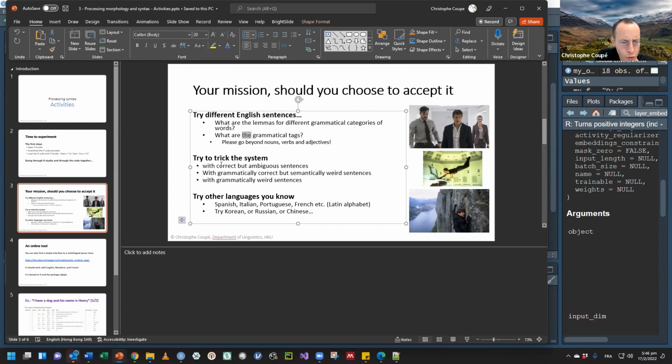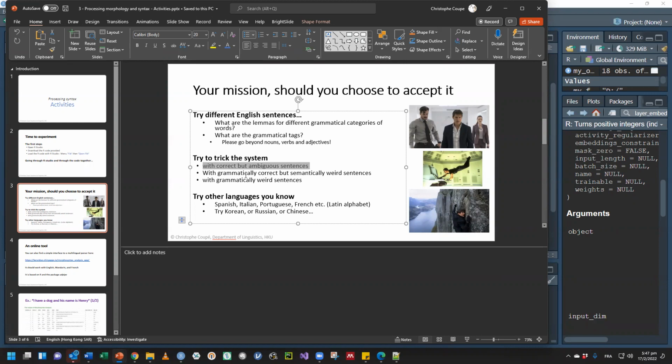Then you can also try to trick the system. You can try, he saw the man on the hill with a telescope. What is going to happen when you enter that? Or if you use the French model, what are you going to get if you enter "le boucher sale la tranche", the sentence we saw earlier on in the lecture?